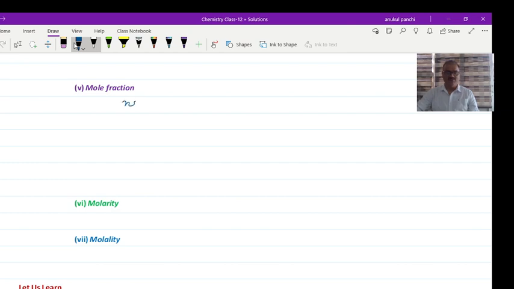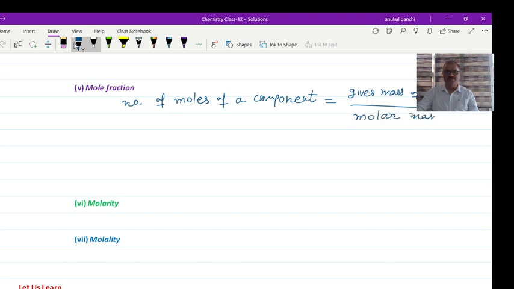Number of moles of a substance, of a component, because we are studying solutions, we should use the term component. Number of moles of a component is equal to the given mass of that component divided by its molecular mass, or you can say molar mass.